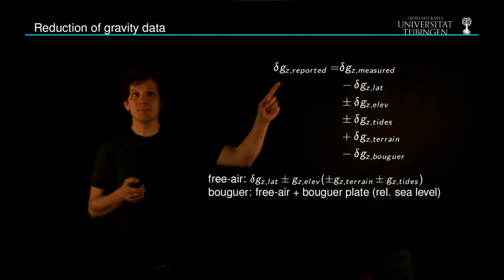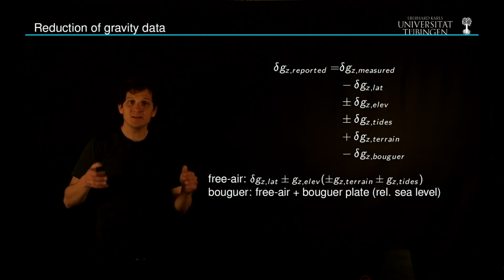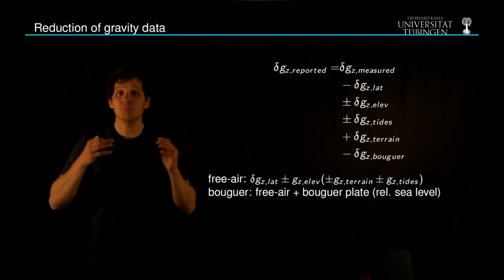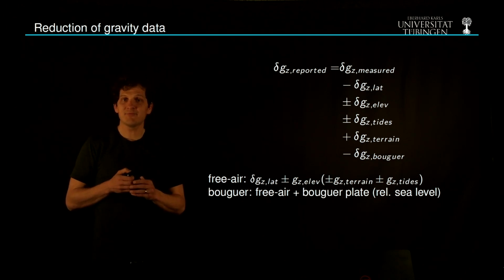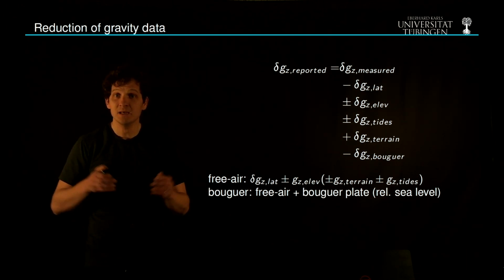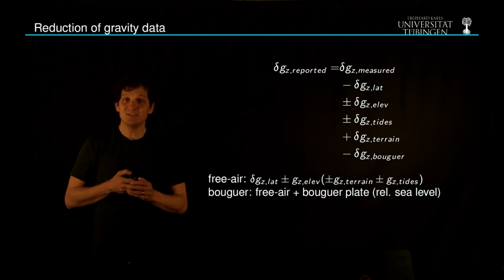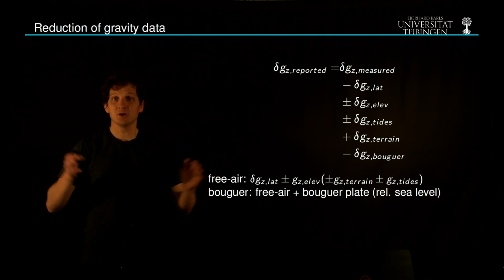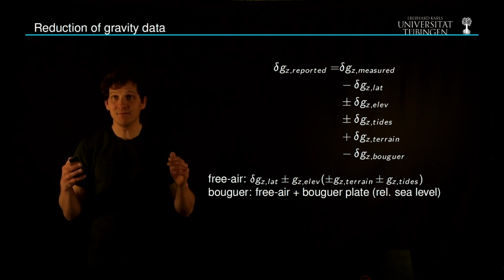So most of them contain all corrections up to the terrain correction, and then this product is referred to as the free air anomaly, mostly because it has been referenced to the same vertical reference level, removing the dependency of the sensor elevation. If the Bouguer plate correction is also added, then the gravity anomalies are referred to as the Bouguer anomalies, and those image structure beneath sea level.